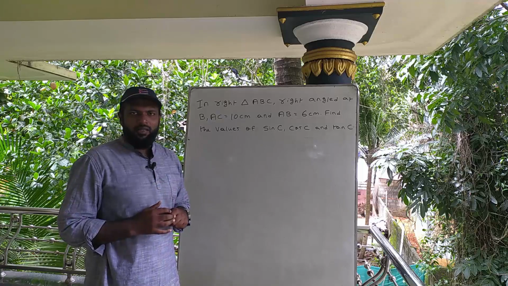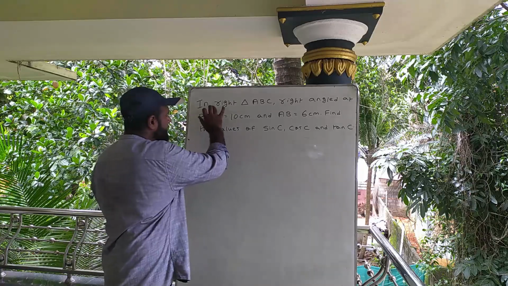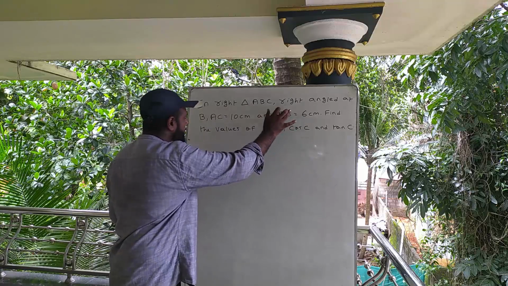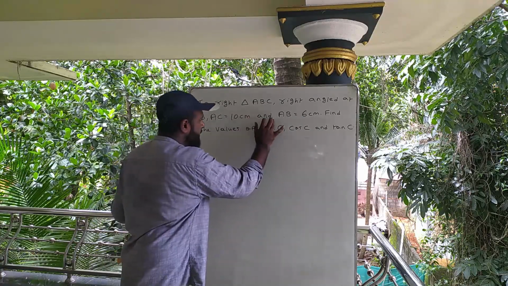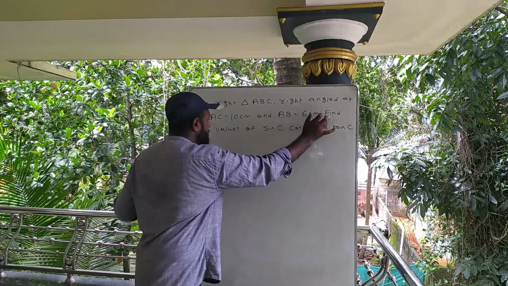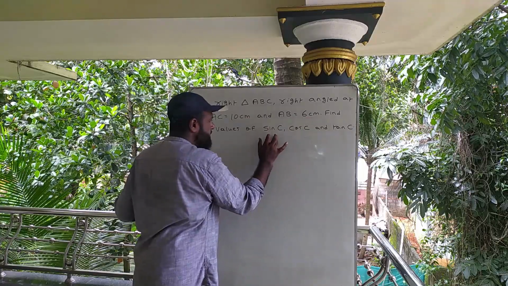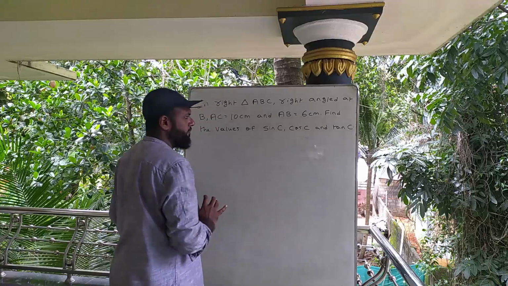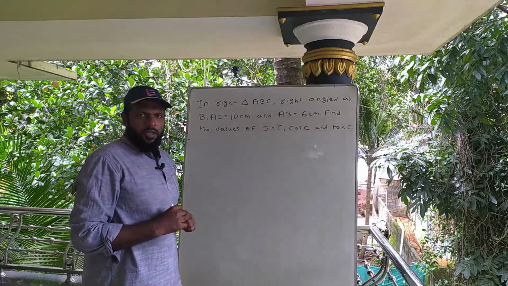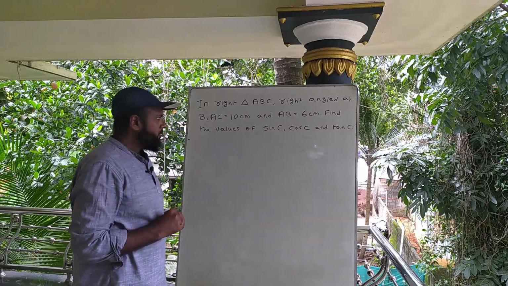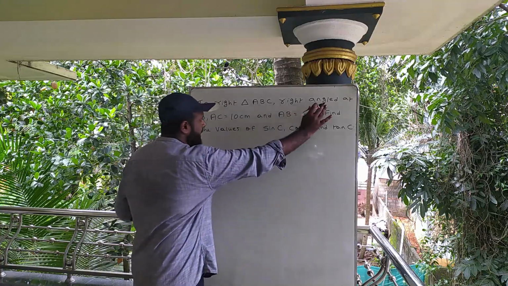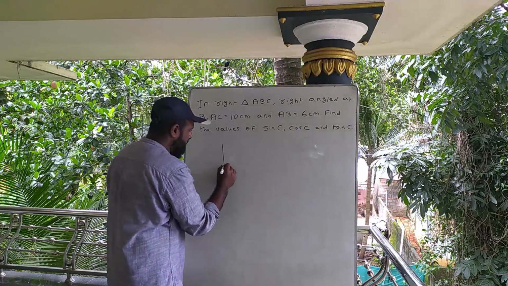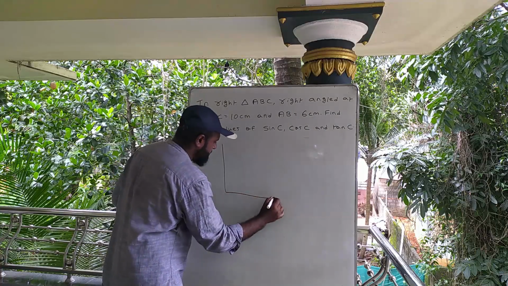Let us solve another question. In right triangle ABC, right angled at B, AC equal to 10 centimeter and AB equal to 6 centimeter. Find the values of sin C, cos C and tan C. First of all, we have to draw the triangle. In the question, it is said that it is right angled at B. So, I am drawing the figure.